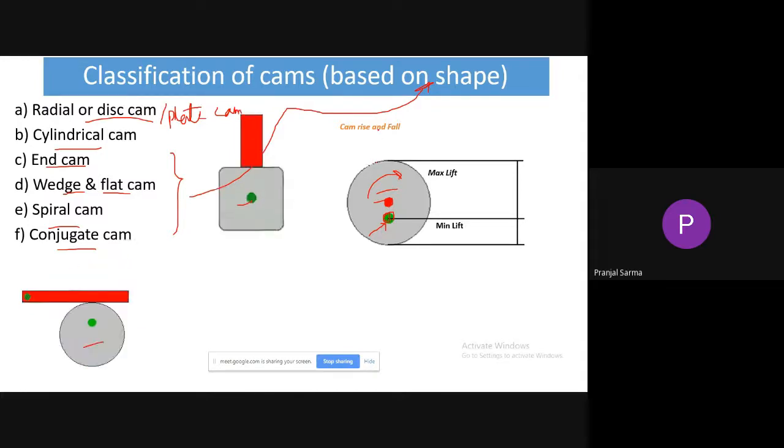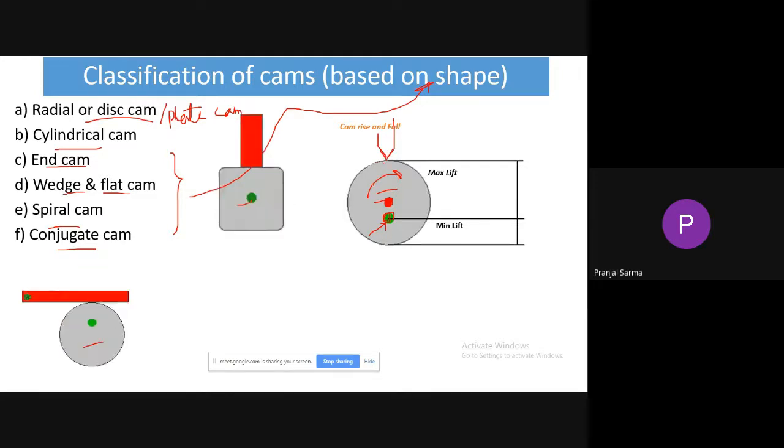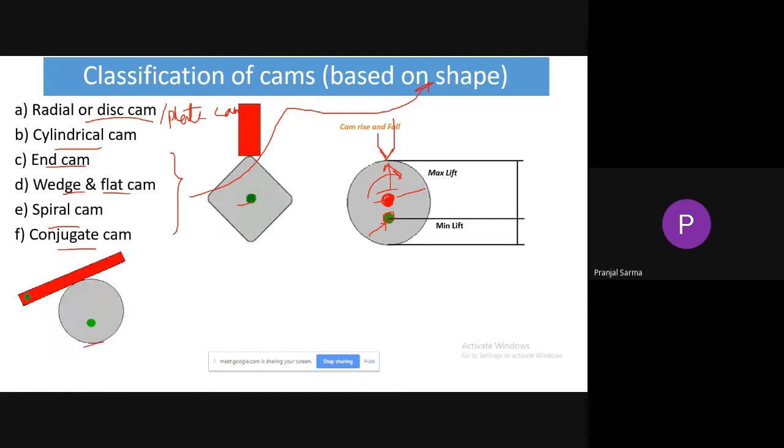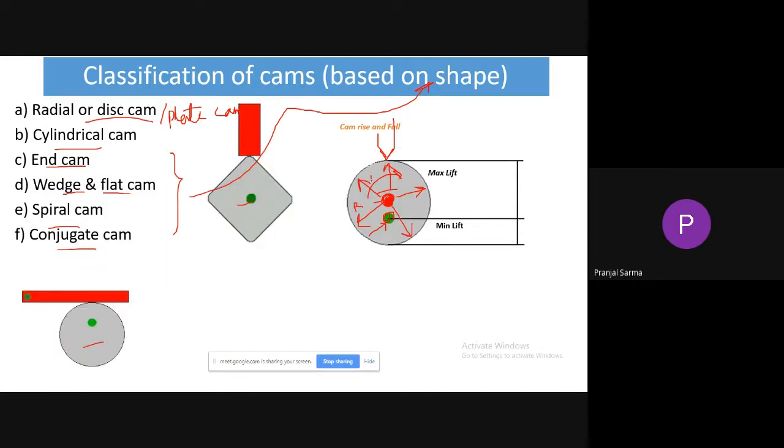In that case it won't behave as a cam. If I have a follower here in contact with the cam, and this is the center about which it is rotating, then all the time it will keep rotating, and there will not be any lift, maximum lift or minimum lift, because everywhere the r is the same.